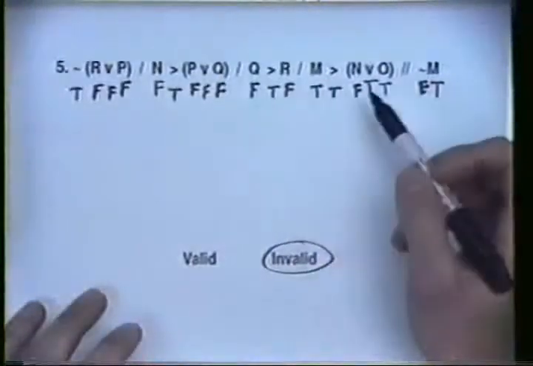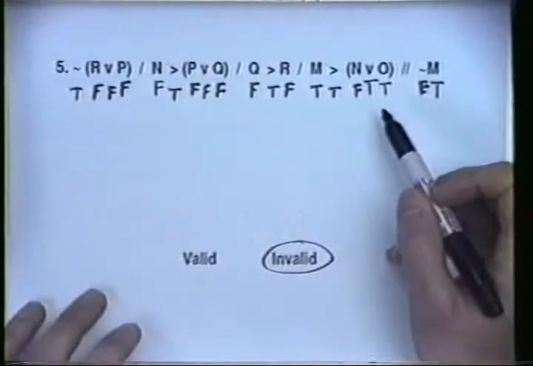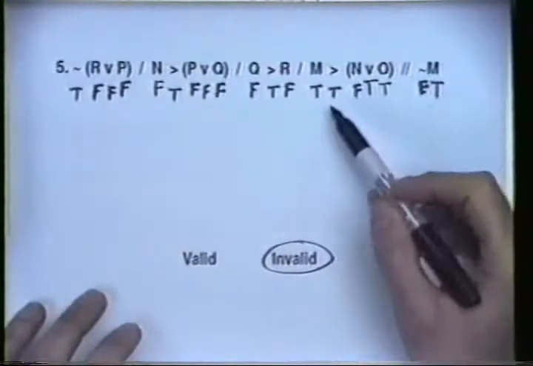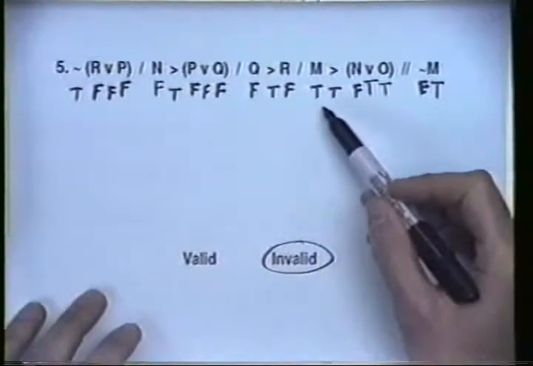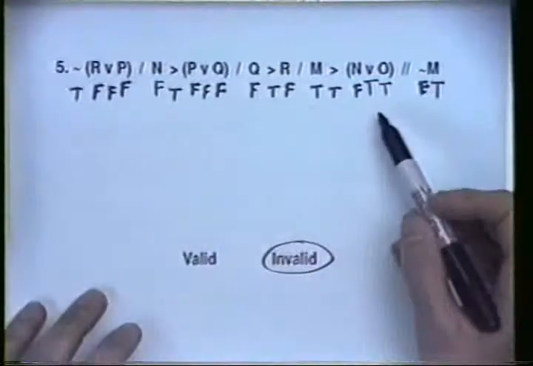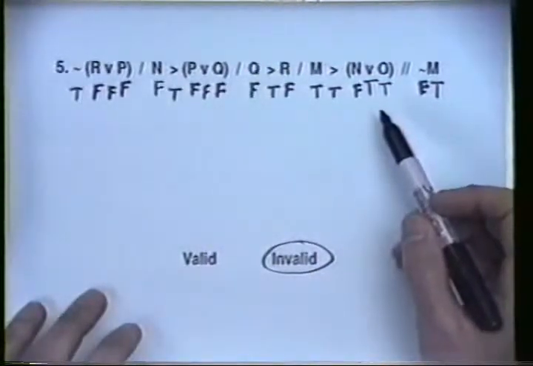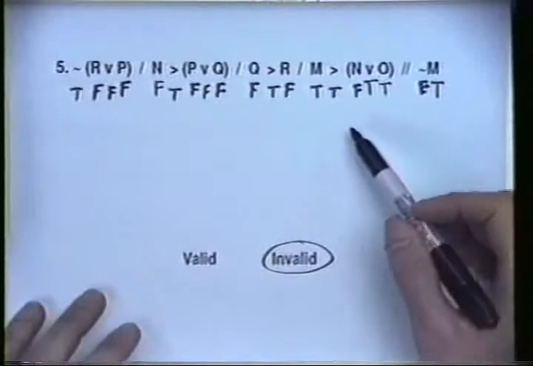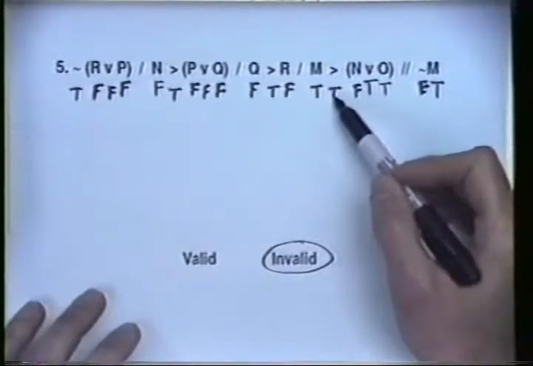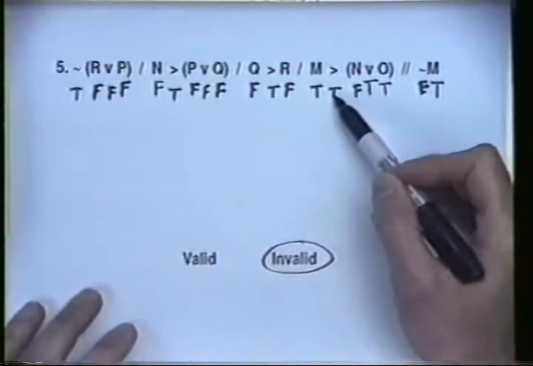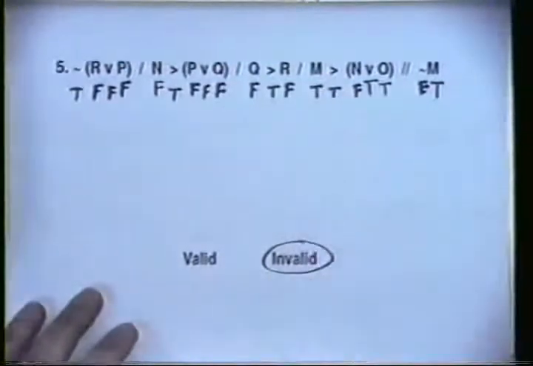If the argument were valid, we would get to a point at one of the premises or another, someplace on that row at least, where we would need to have the one truth value, but would be forced by what we already know to place the other truth value. In other words, for example, take this M. This M would have to be false.